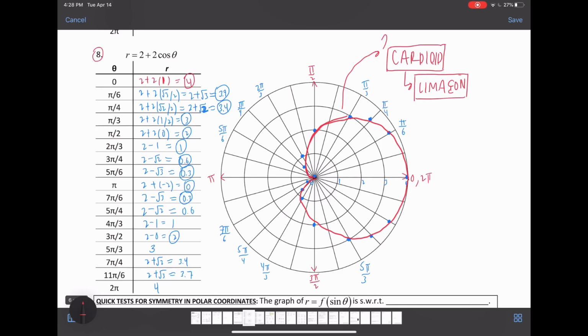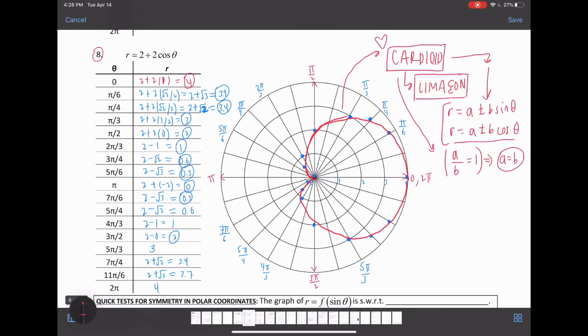But a cardioid is a heart-shaped graph, a special type of limacon, where you're given an equation of this form: r equals a plus or minus b sine of theta, or r equals a plus or minus b cosine of theta. To get a cardioid, a over b must equal 1. As long as the ratio of a to b is 1, or a is the same as b, that's when you'll get a heart shape.